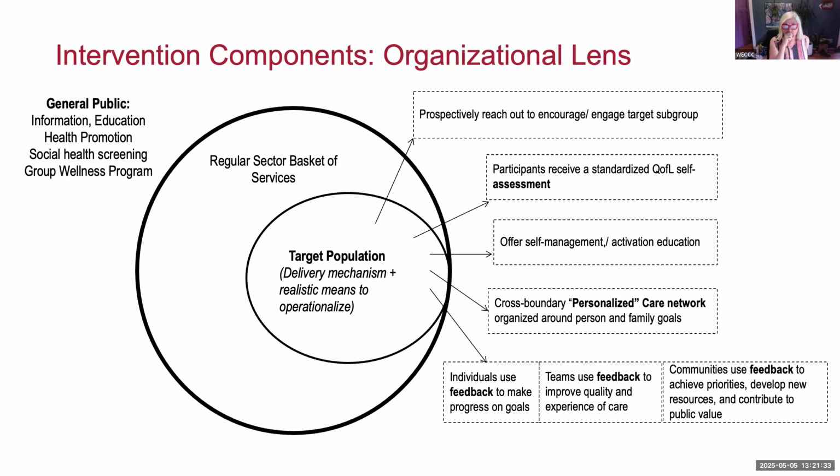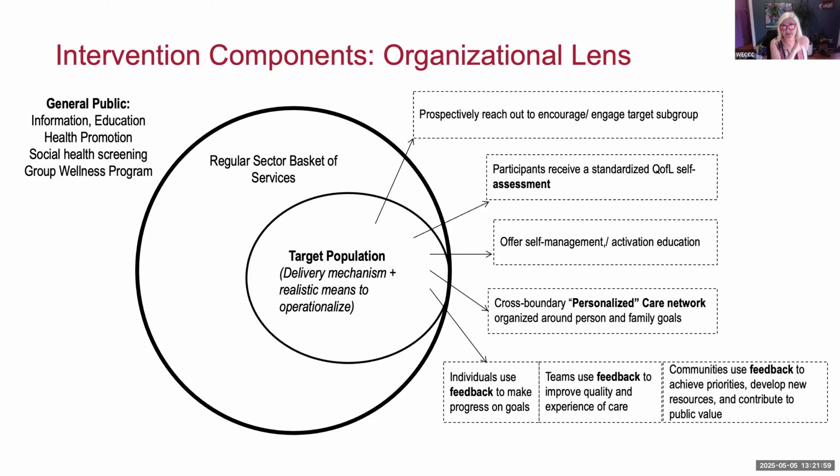So the intervention components include general public education information, the type of Be Happy, Be Healthy education series that we provide, tools like our social health screener, groups like the Connection Cafes, and some of the general wellness programs that we provide.